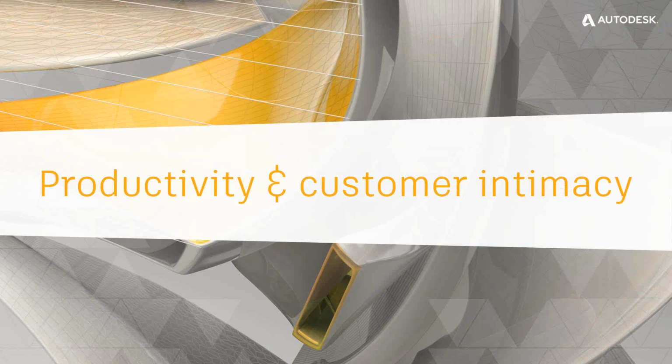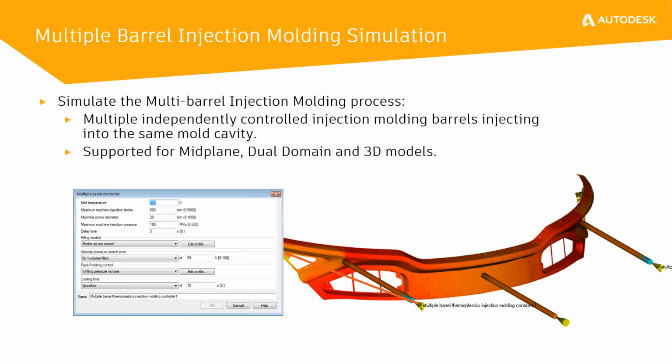In terms of productivity and customer intimacy, we added some new simulation capabilities inside of the Moldflow product, specifically for a process that is becoming popular in the automotive industry in Japan, China and Korea. It's called multi-barrel injection molding.